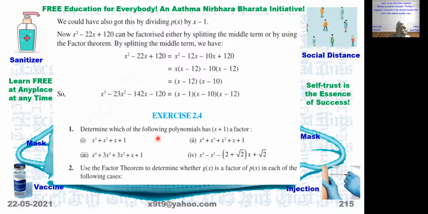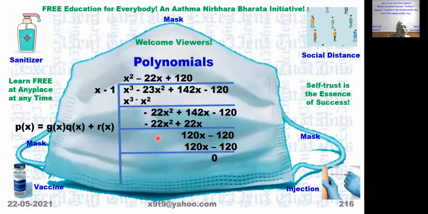So let us do by both the methods for practice. First, we will divide the given polynomial x cube minus 23x square plus 142x minus 120 by x minus 1. So here p(x) is the given dividend or the given polynomial, g(x) is the divisor, which is x minus 1, q(x) is the quotient obtained, and r(x) is the remainder that we are getting.